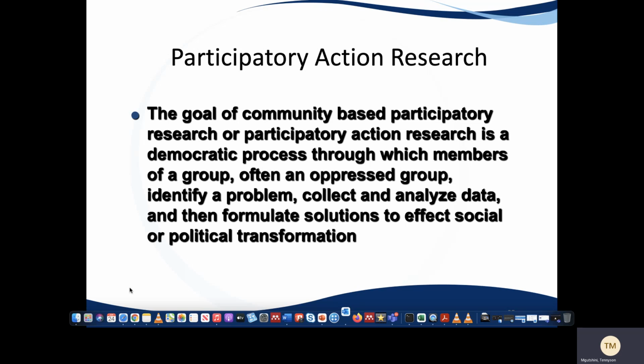So in essence, if you have a problem that you've identified and you want to study it through participatory action research, you would find that the researcher would democratically approach the community that's affected by the phenomena, spend a fair amount of time looking at the problem with the community so they can identify and specify it properly.